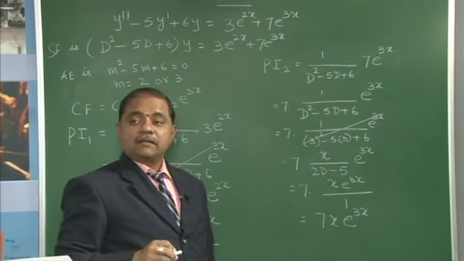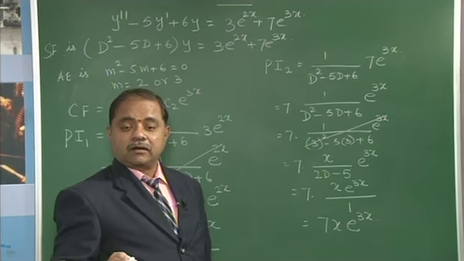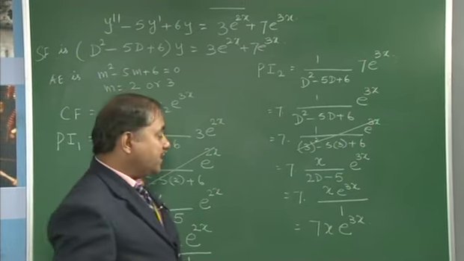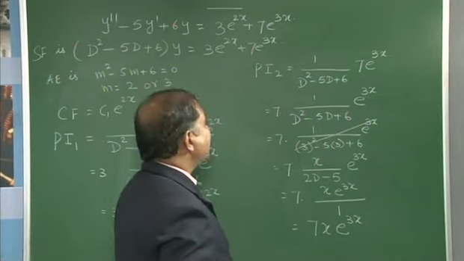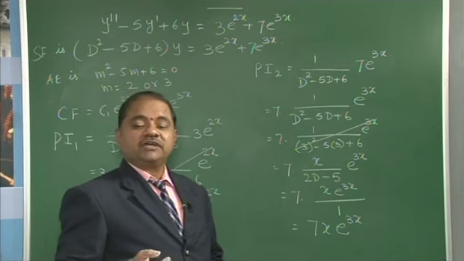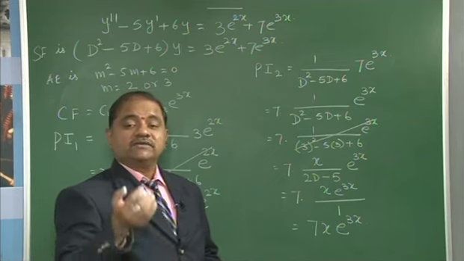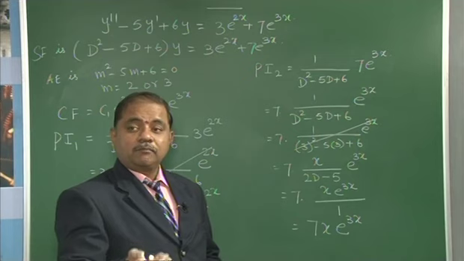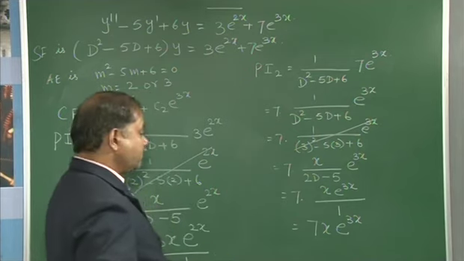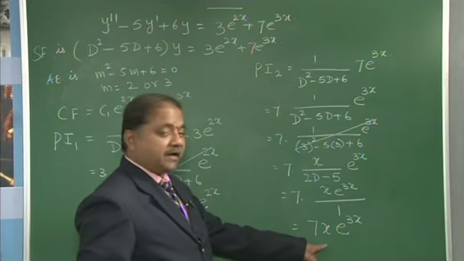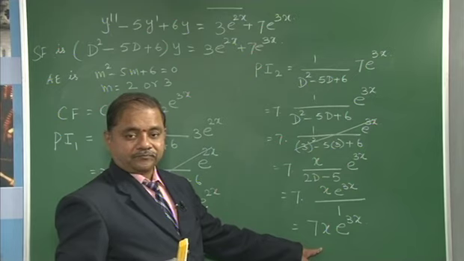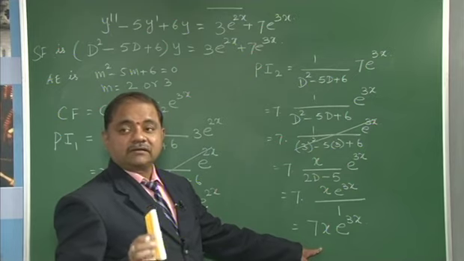What is the solution? Again, y is equal to CF plus PI1 plus PI2. This is your CF, this is your PI1, this is your PI2. Add all the 3 factors.